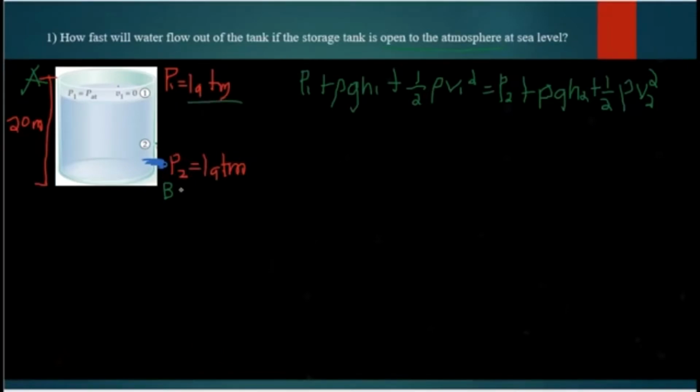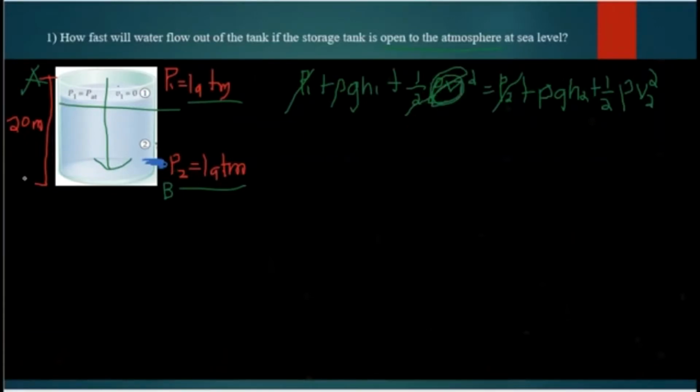And also here in point B, we have an atmospheric pressure of 1. So we'll just cancel this out. And also here in point A, the velocity is very slow. It is coming down. So when it is very slow, we will assume that it is 0. So we'll just cancel this out.